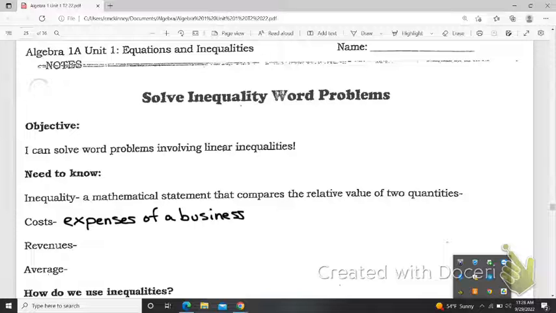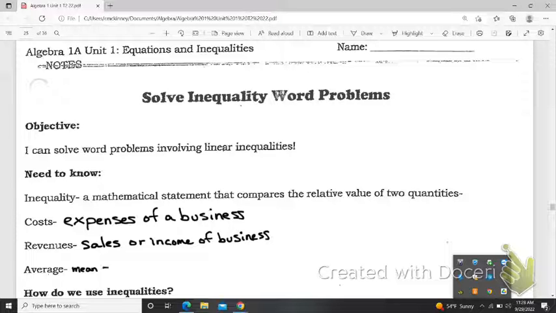money they're spending. The revenue is basically the sales or the income of the business. And then average, we know that average is the mean.